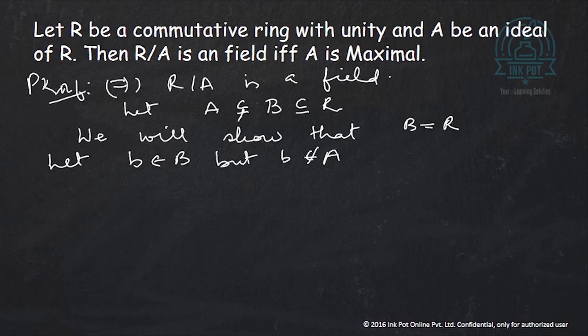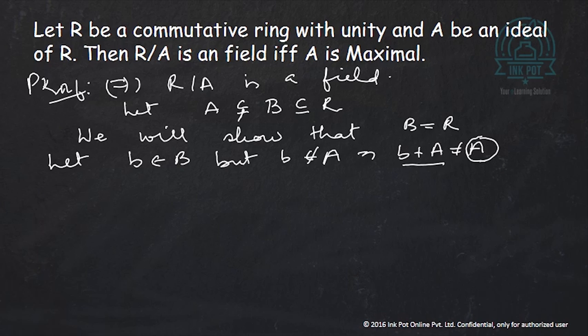Okay, so because b does not belong to A, it means that b plus A is not equal to A, right? And A is the zero element of R by A. So b plus A is not the zero element of R by A, right? So because R by A is a field and this is a non-zero element, it is a unit. That means it has an inverse.